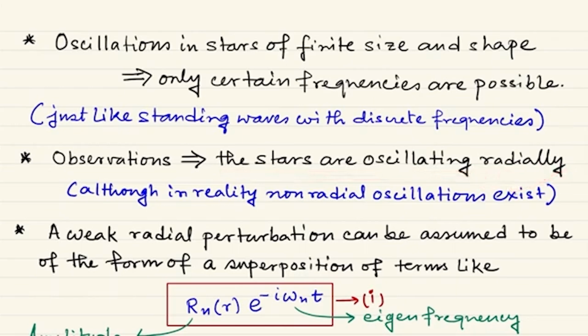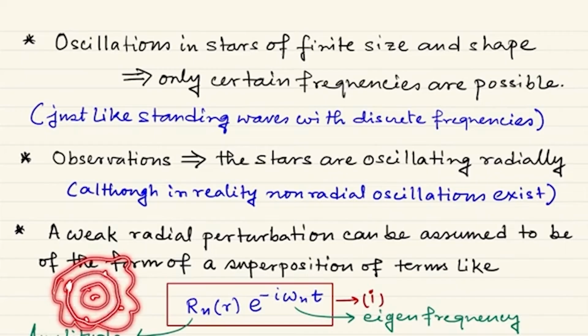That means even if the star is pulsating, if you are at a fixed distance r from the center, here or here or here, you will see the identical perturbation.